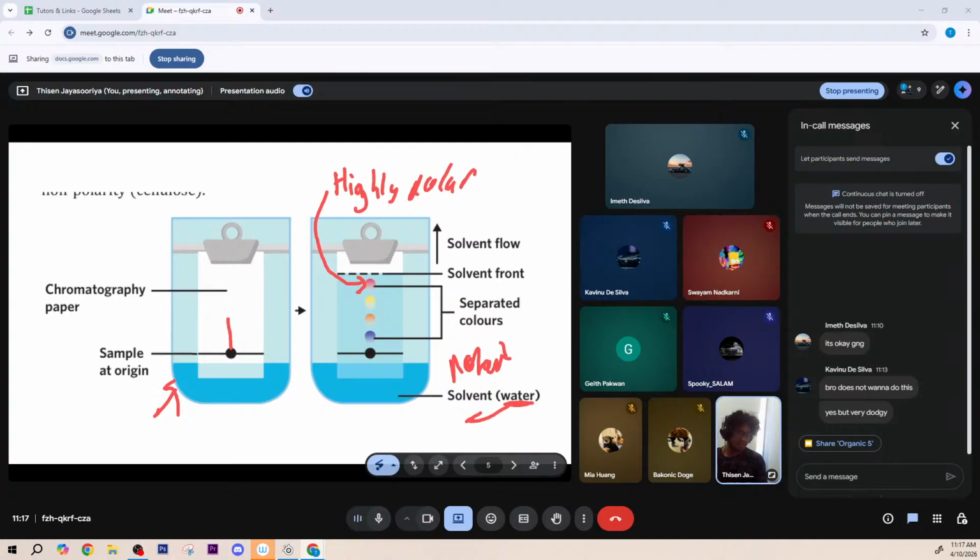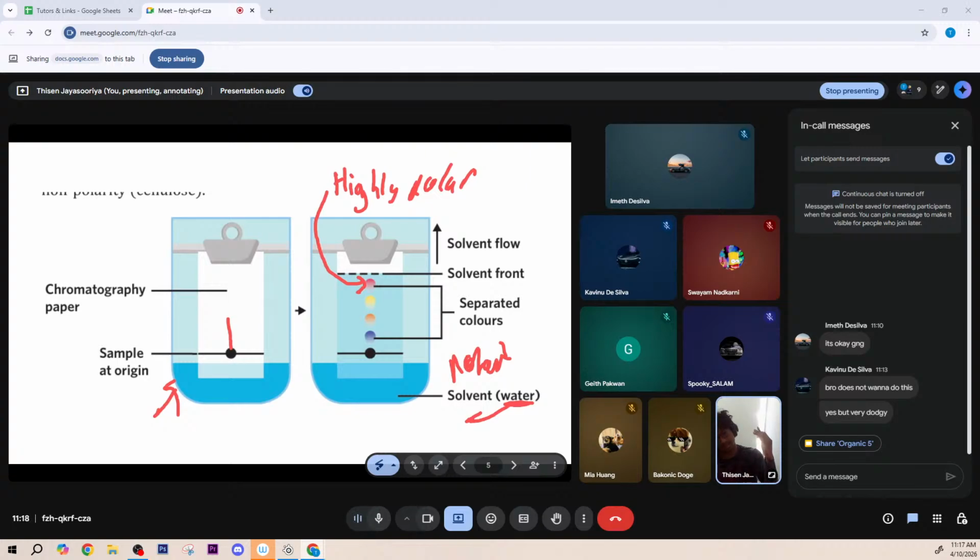The stationary phase is essentially the opposite. We have a polar solution, which means we have a non-polar stationary phase. It will go into the stationary phase every now and again, but it will revert back to the mobile phase very quickly.